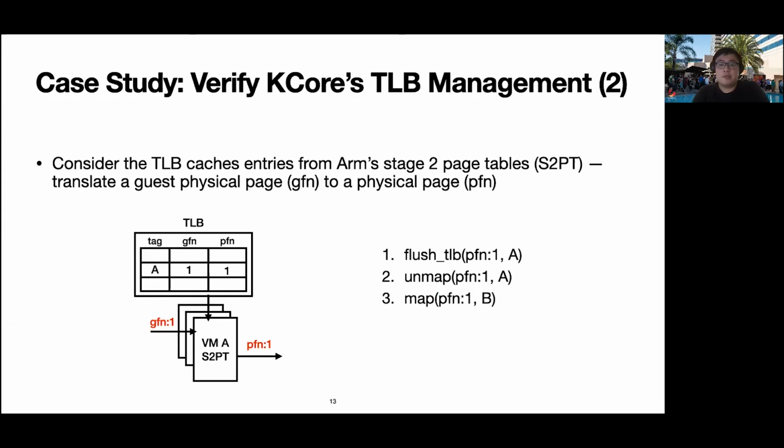For example, consider the scenario in which the TLB caches mapping from a guest physical page GFN1 to a physical page PFN1. Suppose KCore unmaps PFN1 from VMA and maps it to VMB. It needs to make sure to flush the TLB properly after the unmap, but if it instead flushes the TLB before the unmap, a problem can occur.